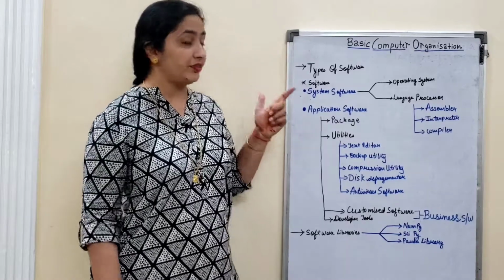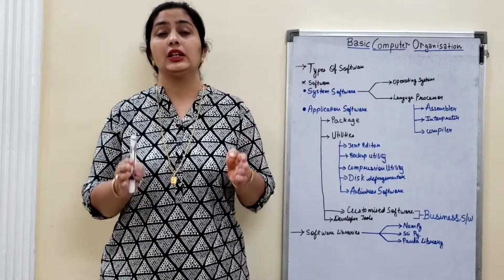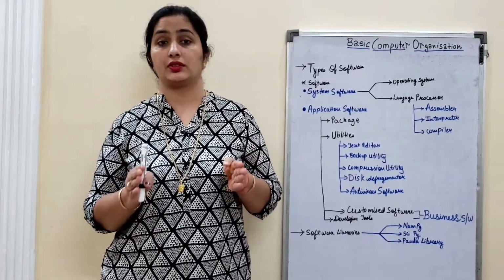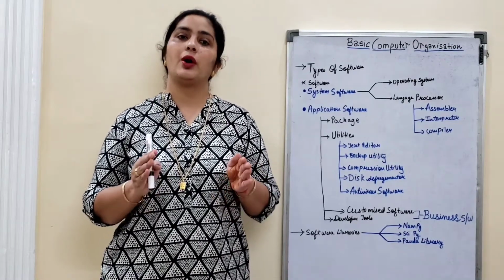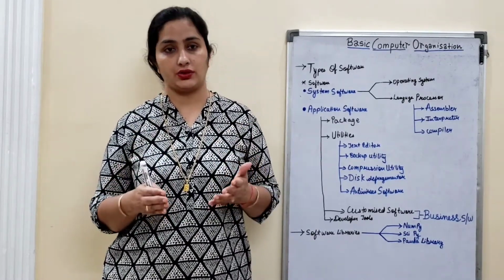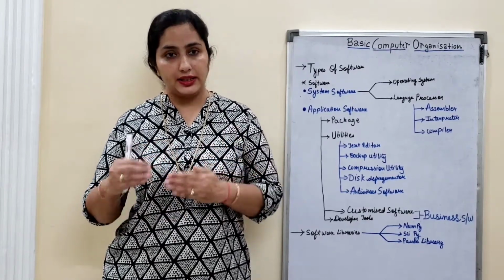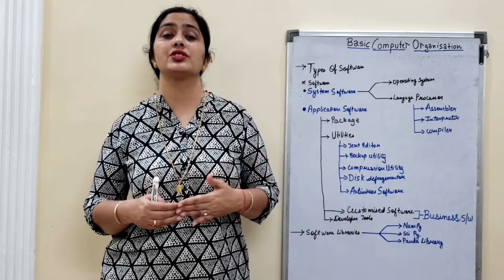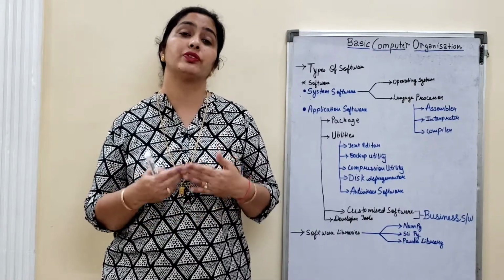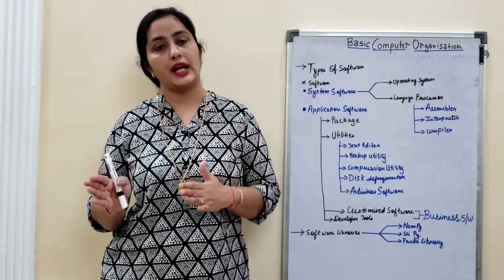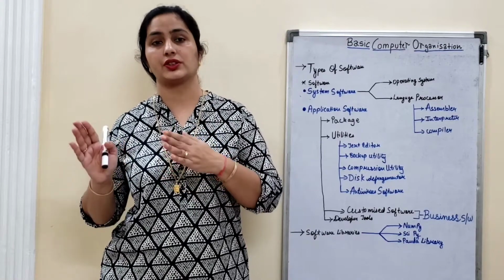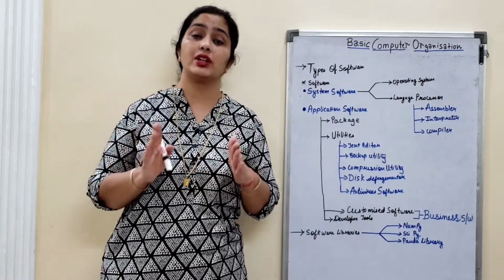So software is basically general instructions. Why am I using the word general here? Whatever instructions you give to the computer, the computer understands. In the same way, when you give instructions to a particular software to perform some basic operation, those will be general instructions only.